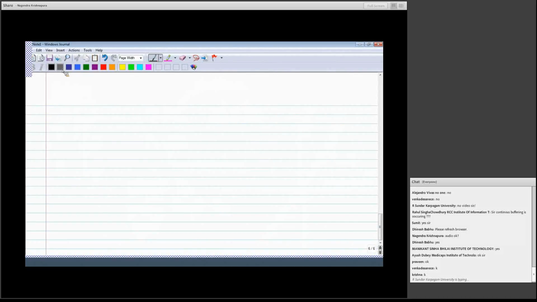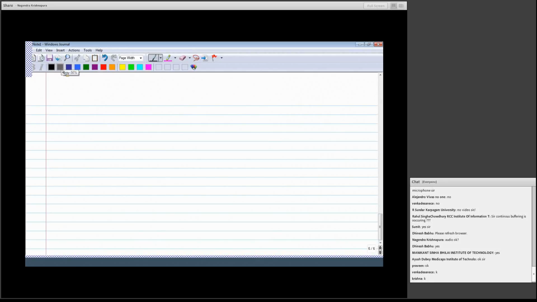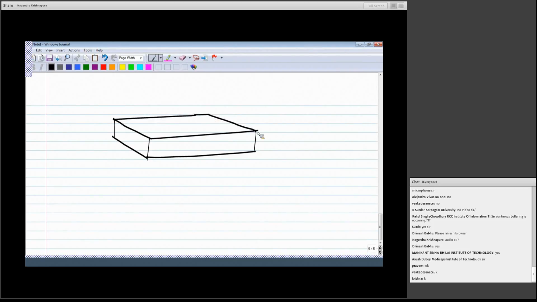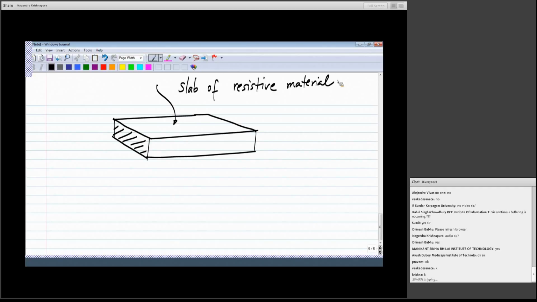Now let's quickly look at how a resistor is made. This is not the main focus of the course, but this you can think of as some general knowledge. The easiest way to imagine a resistor that is made, although it may not actually be made this way, is to have a slab of some material and you can have contact at this end and the other end.